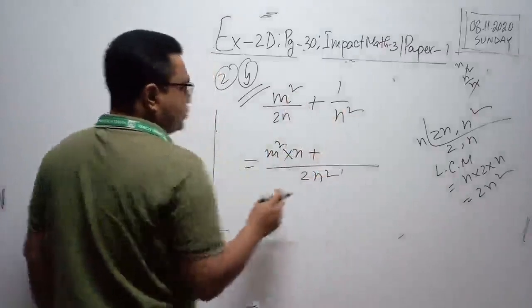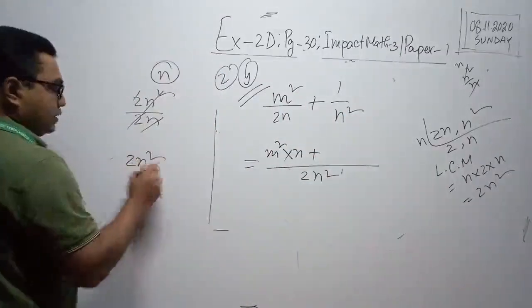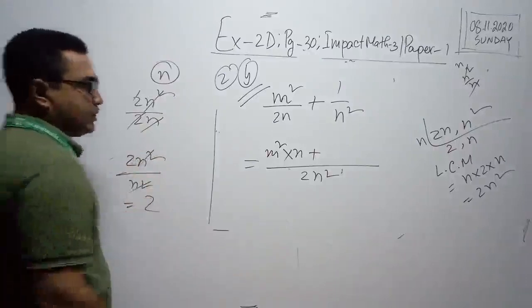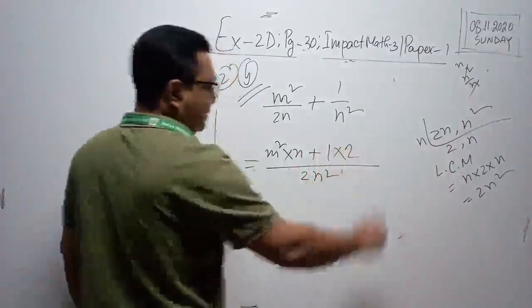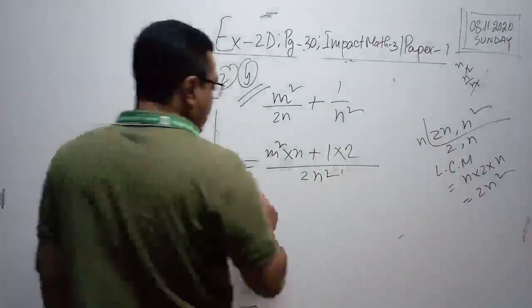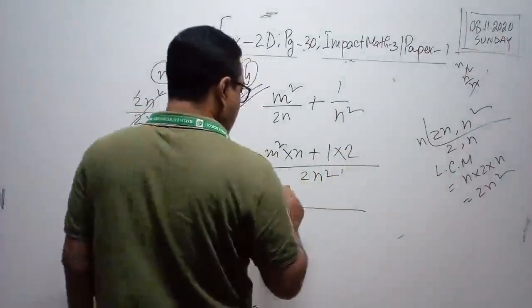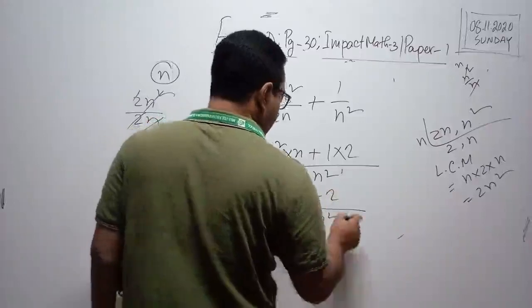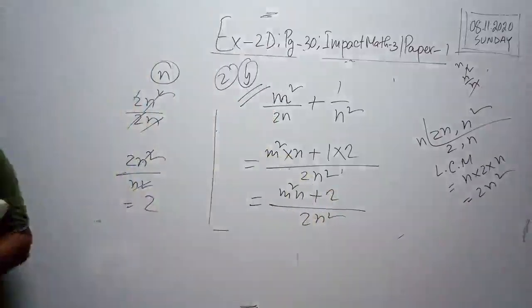Plus, n square goes into 2n square: 2n square divided by n square, 2 is the quotient. That 1 will be multiplied with the 2. Now n square plus 2 by 2n square. Clear?